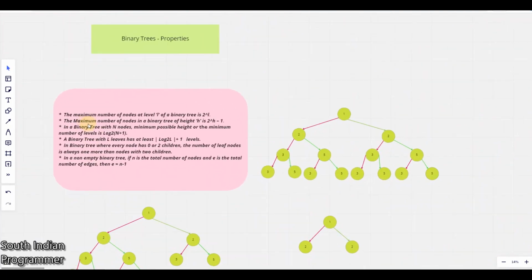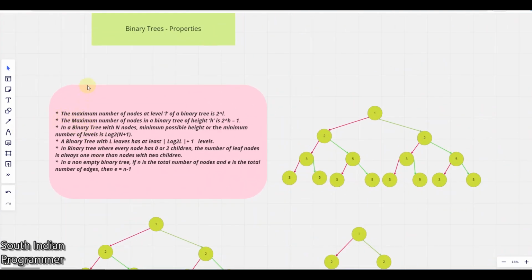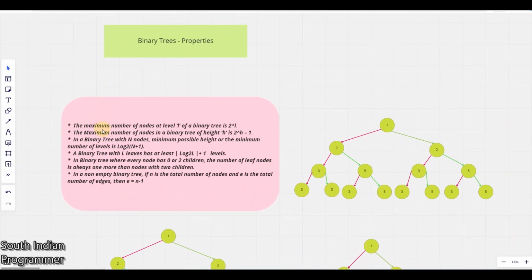binary trees. There are 6 properties available for binary trees. The first statement is the maximum number of nodes at level L of a binary tree is 2 power L. Here this level is 0, this is 1, this is 2, and this is 3.